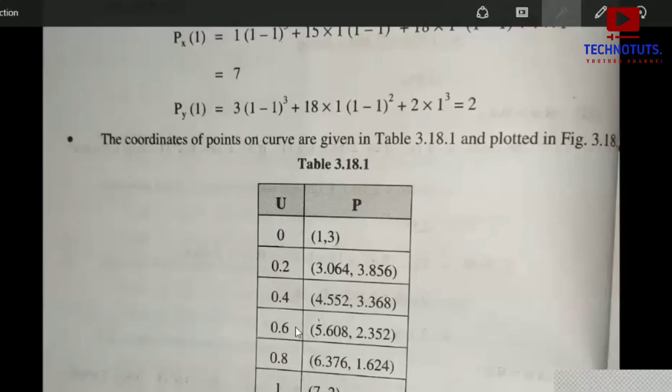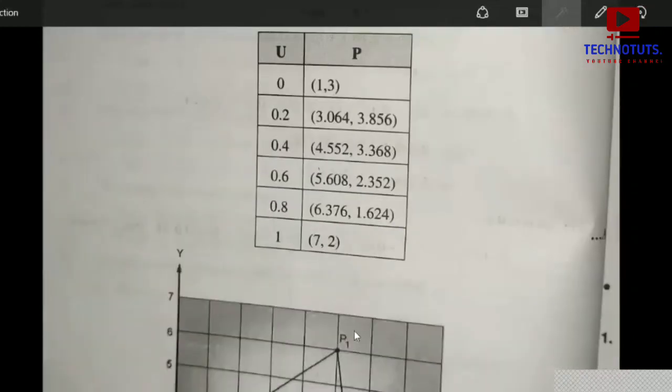When u is 0.6, the point is 5.608 and 2.352. When u is 0.8, the point is 6.376 and 1.624. Last but not the least, when u is 1, the point is 7, 2. Now we have obtained all the points on the curve.